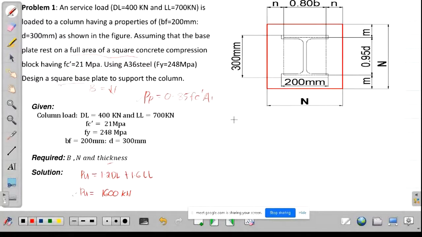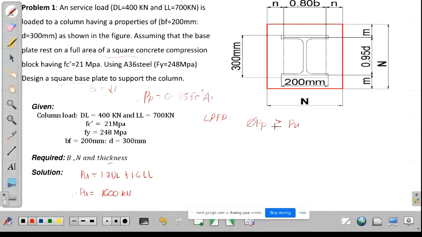Diba? Ang sabi ng code natin, our nominal, our design or our allowable strength, that is for LRFD. So wala tayong binanggit, so we will be using the LRFD method. Okay. So yung design natin, that is the factor multiplied by PP should be greater than or equal to our PU.